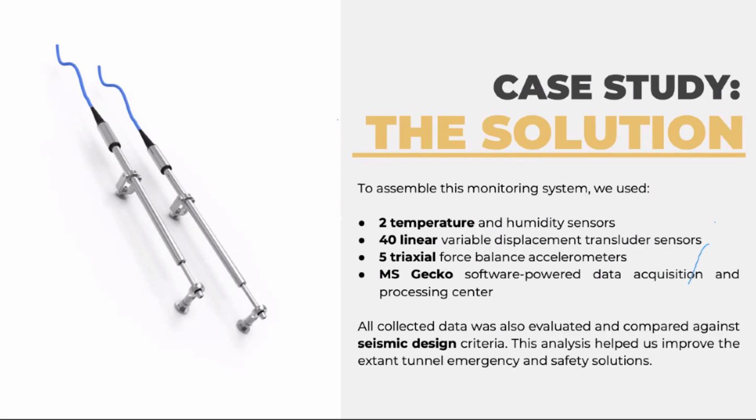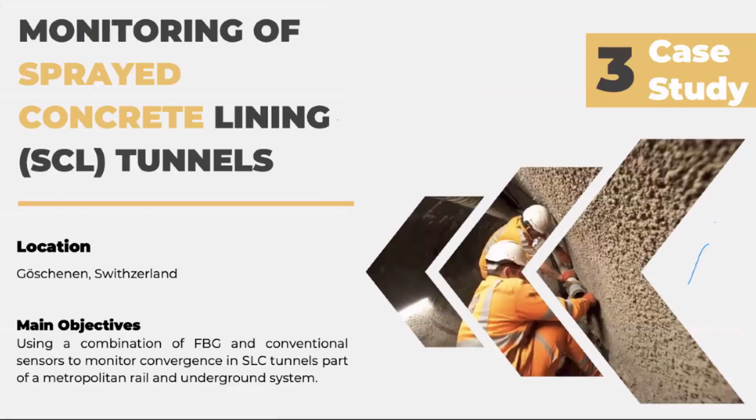Especially for the strain, we used a lot of linear displacement sensors to get a clear picture of what's happening with the structure of the tunnel when the temperature is changing.